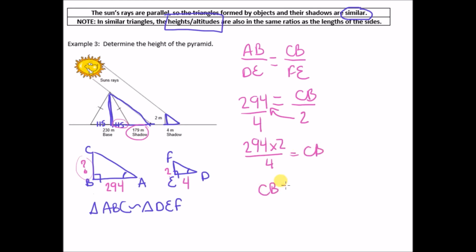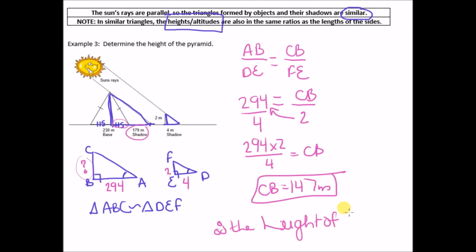So CB equals 147 meters. Therefore, the height of the pyramid is 147 meters. You can simply solve that by using the shadow and the angles of any other smaller object.